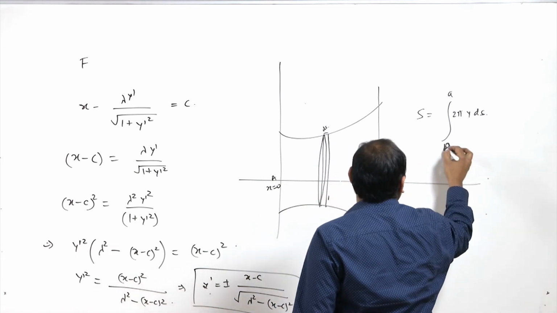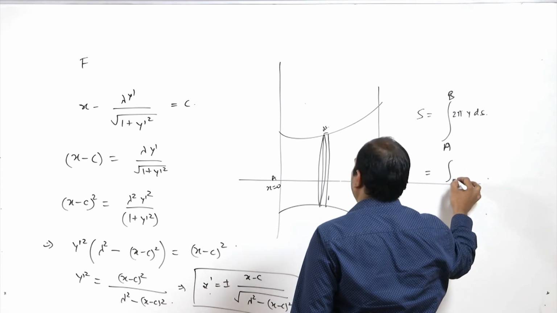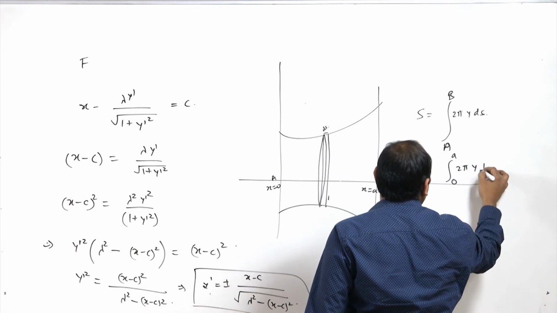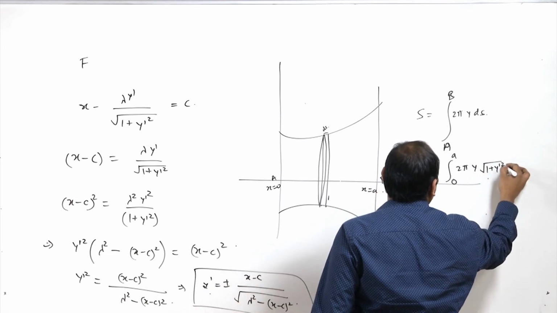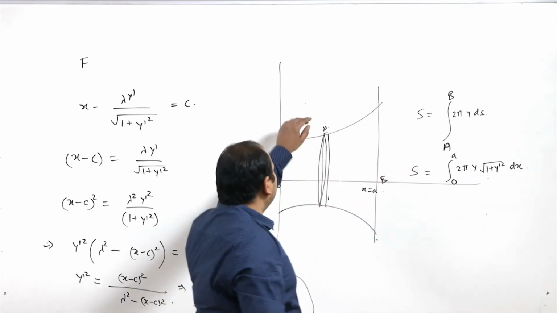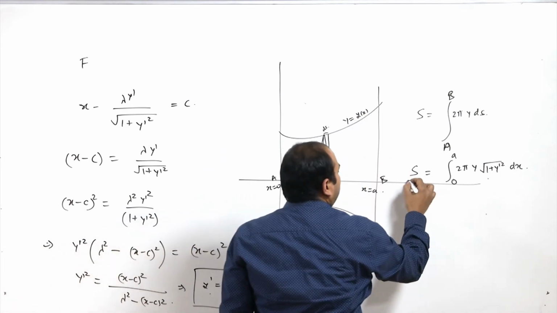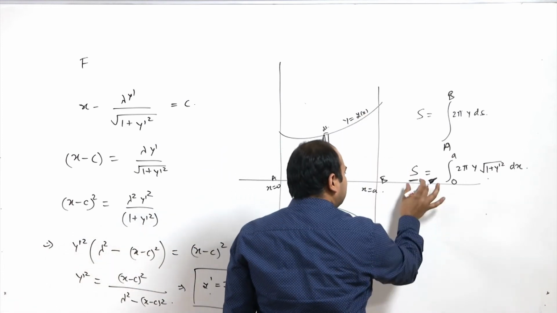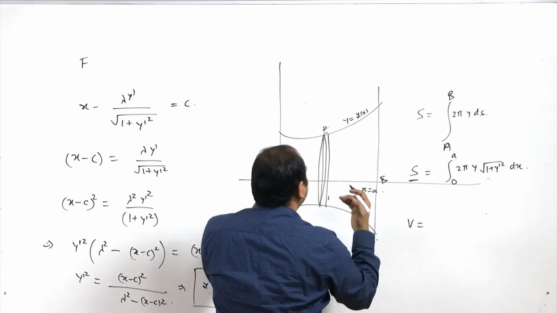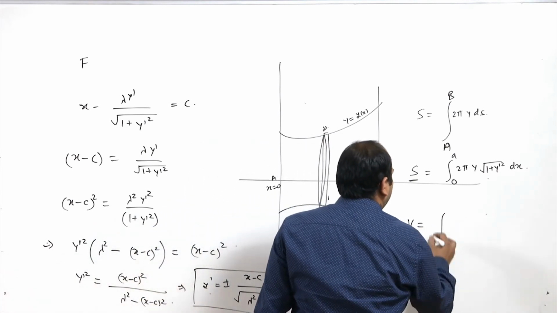And you can write it as the integral from 0 to a of 2 pi y under root 1 plus y dash square dx. So here we want to find a curve y equal to y of x such that this is a fixed value, that is capital S, and the volume of the shape formed by this revolution is maximum.